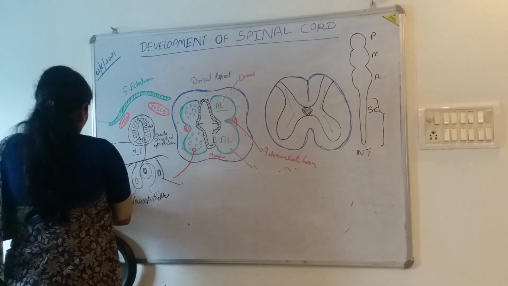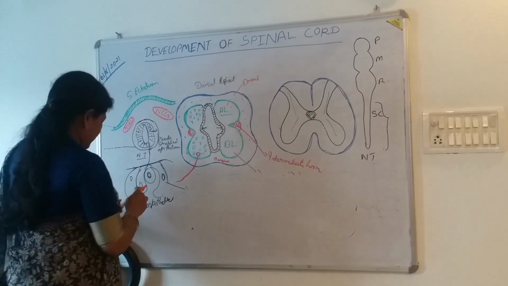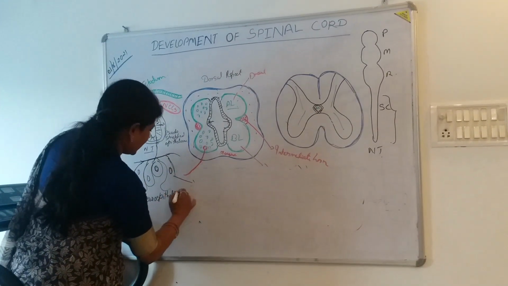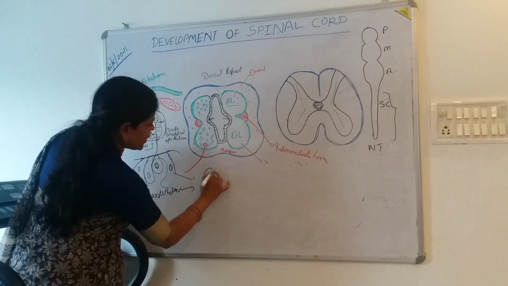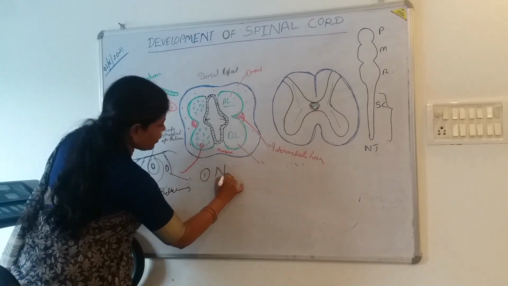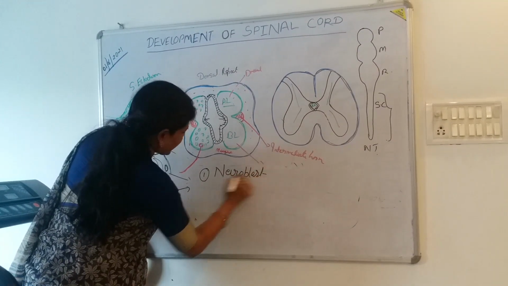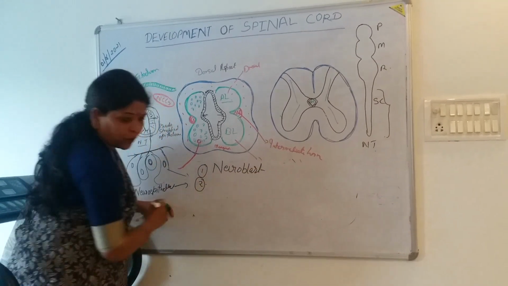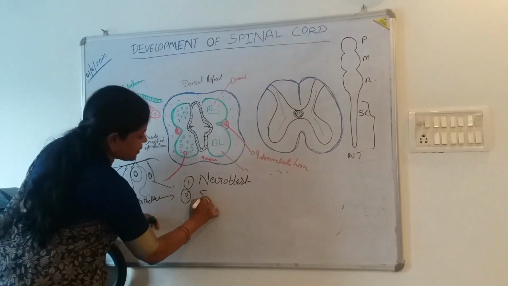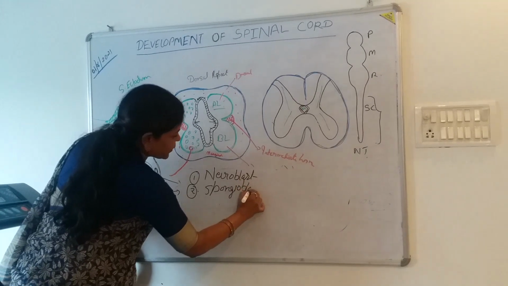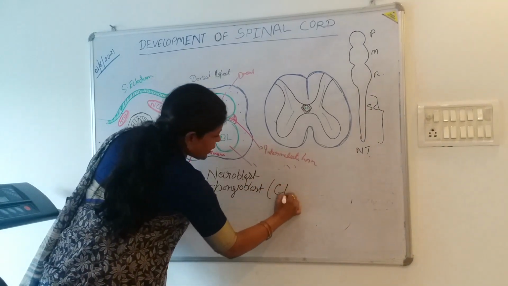First we have discussed what? The neuroblast cells. Neuroepithelial cells will first form the neuroblast cells. Second one is the glioblast or the spongioblast cells, the glial cells.